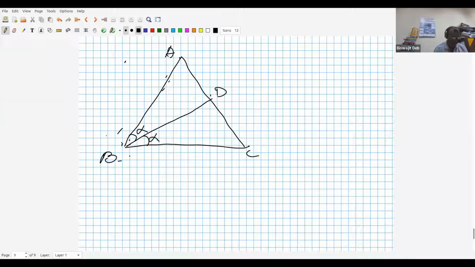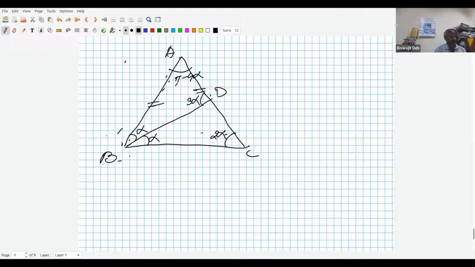This is also going to be alpha. That is what we know. And since it is an isosceles triangle with these two sides the same, if angle B is 2 alpha, this angle is also going to be 2 alpha. And this is going to be pi minus 4 alpha. Quickly we can get it. And this angle is going to be 3 alpha. Fine. So this is what we have. It is not that difficult to get.